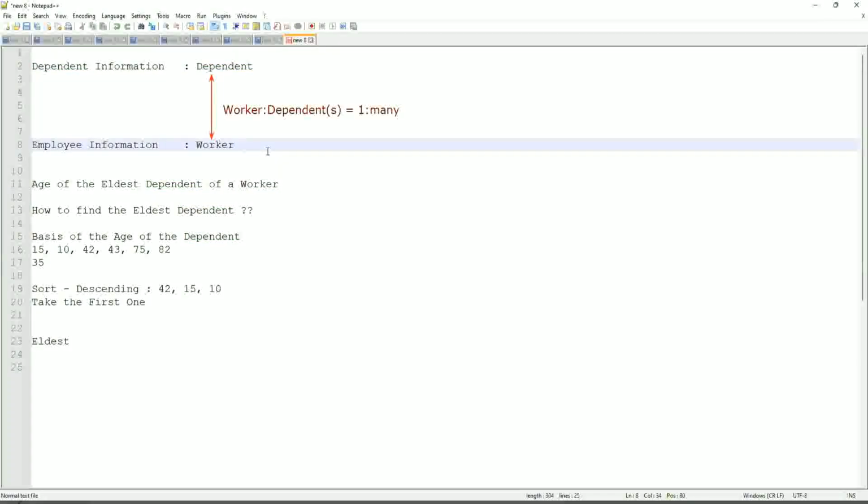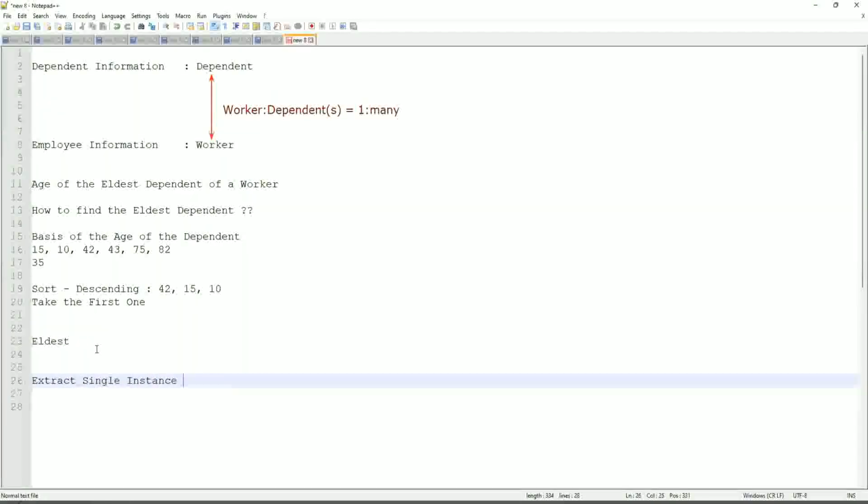Does the worker business object have the information about the dependent's age? The answer is no. That is why we are going to use a combination of calculated fields called extract single instance and look up related value.